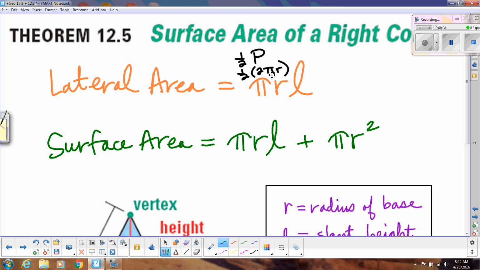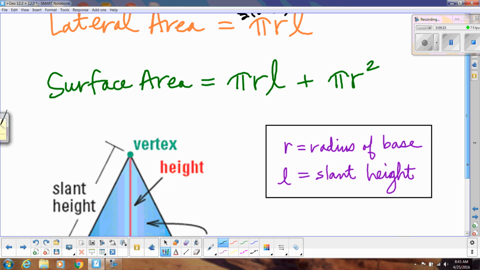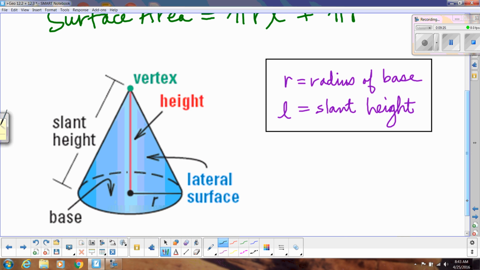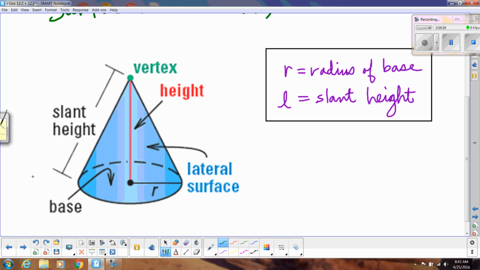So I did 1/2 times 2 pi r, that gave me pi r, and then times the slant height. So that's our lateral area, and then we're adding one base, which is the area of the circle. Okay, so in our cone, all we need to know is the radius and the slant height.